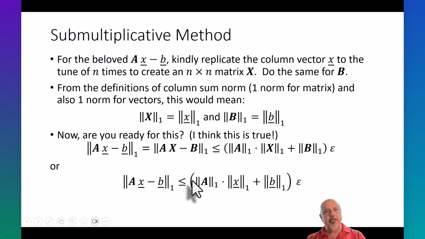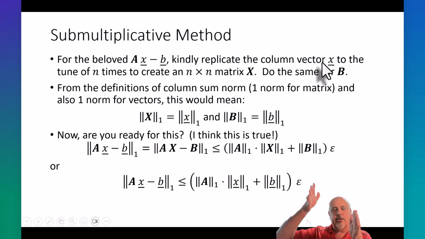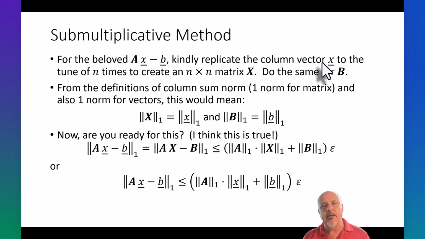All right, so the submultiplicative method. We're looking at ax minus b, and I want to wave my hands a little bit and say, I want to make that column vector x, and just repeat that column vector x. If I do that and create an n by n matrix, the max column sum of that n by n x matrix will be equal to the one norm of the x.